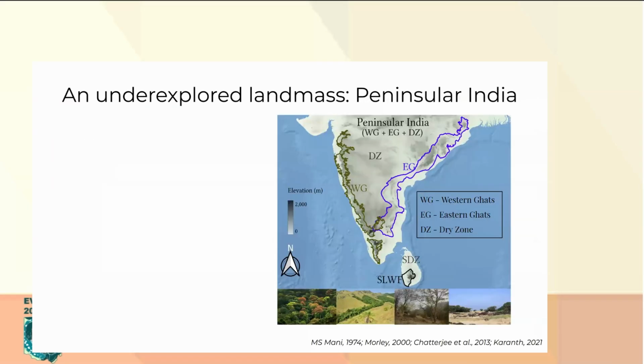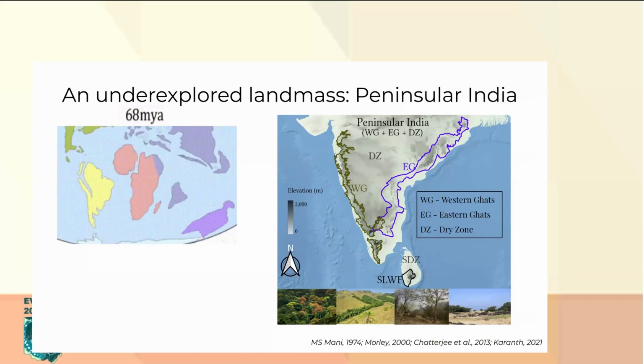In this regard, one of the underexplored landmasses is the peninsular Indian landscape, which comprises a myriad of habitats, starting from the evergreen forest to the dry savannas, and it also consists of one of the global biodiversity hotspots, which is the Western Ghats.